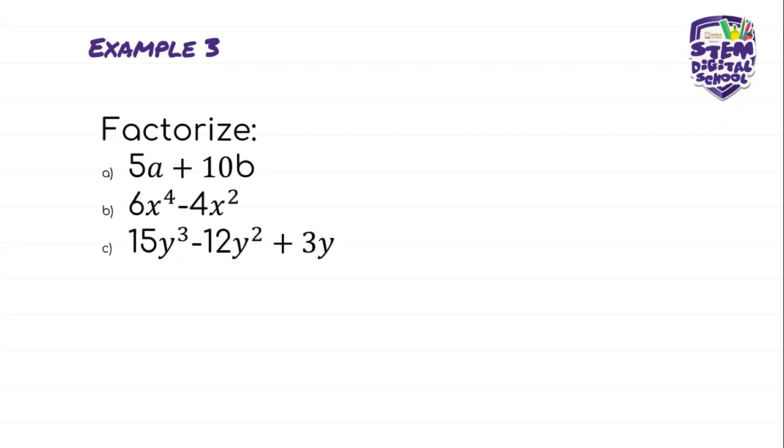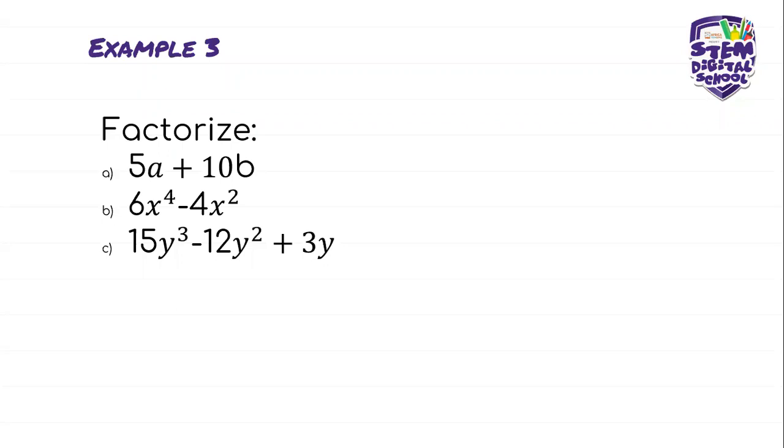I'm not going to waste time, but zoom directly into the first one, where you are factorizing 5a plus 10b. You should be able to see even by inspection that a and b are two different variables. So there is nothing common when it comes to a and b.